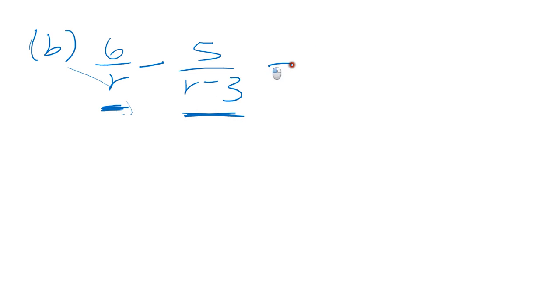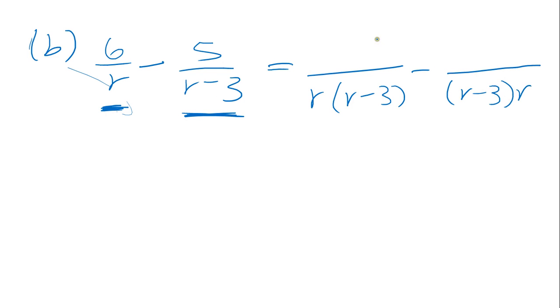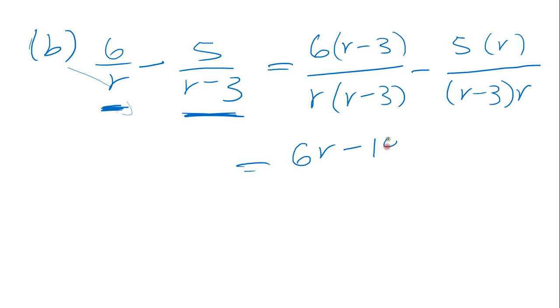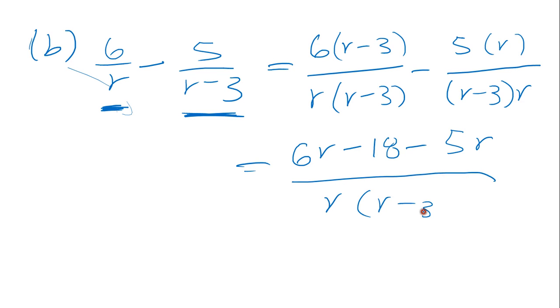This times this. So it's going to be r times r minus 3. So now they're the same. I had 6 and keep my r minus 3 in the top and the bottom. I have 5 and multiply by r. So I have 6r minus 18 minus 5r over r times r minus 3.